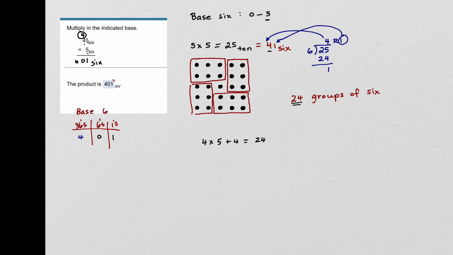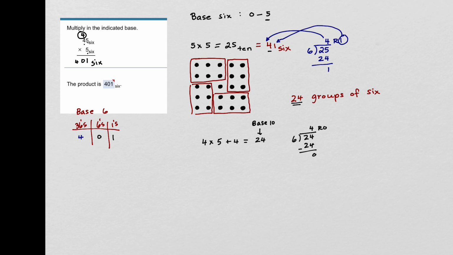But again, this is a base 10 number, and we want to convert this to base 6. So I'm going to say, how many groups of 6 are there? So I take 24 divided by 6, and I get 4 groups of 6, and nothing left over.